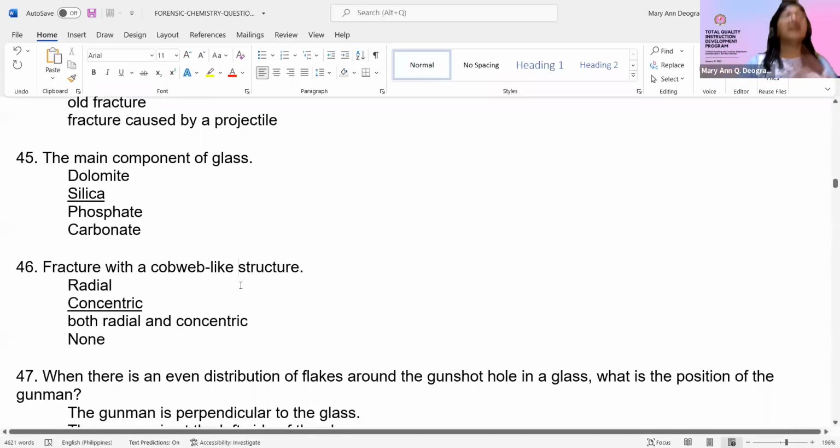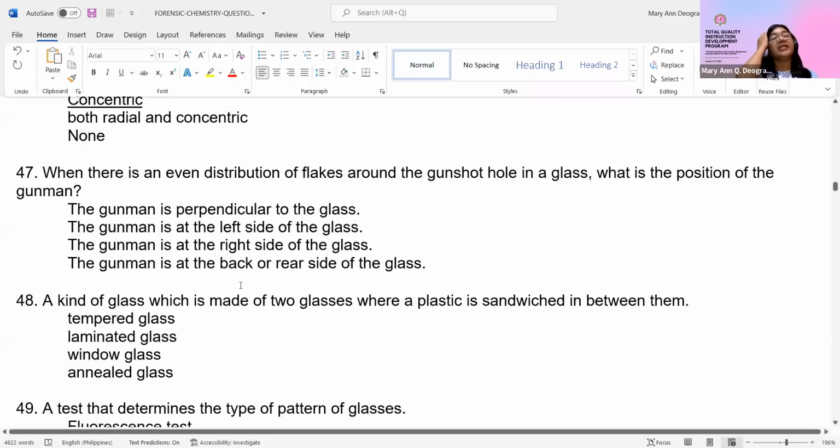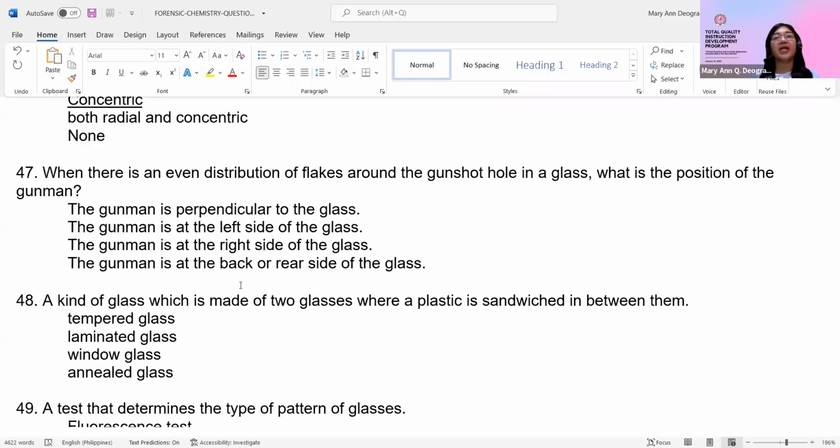All right. Number 47. When there is an even distribution of flakes around the gunshot hole in a glass pane, what is the position of the gunman? A, the gunman is perpendicular to the glass. B, the gunman is at the left side of the glass.